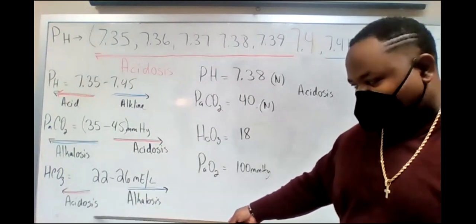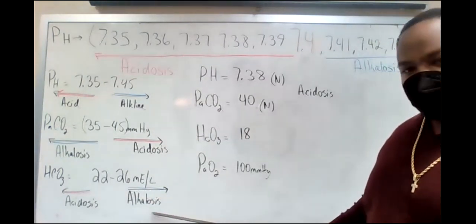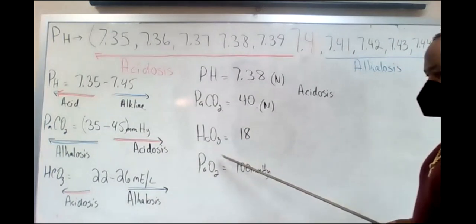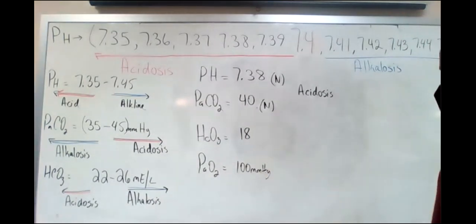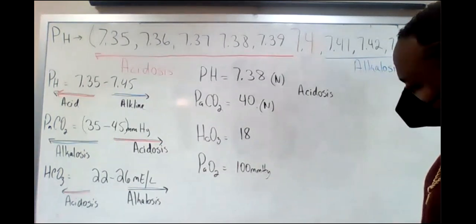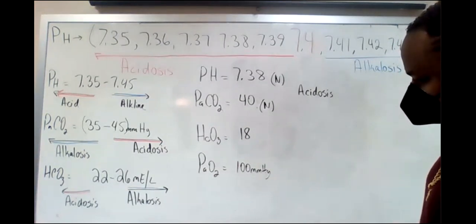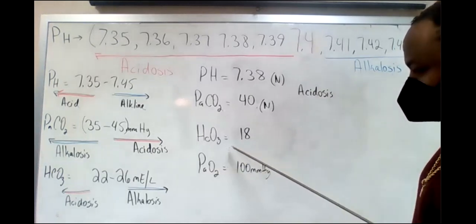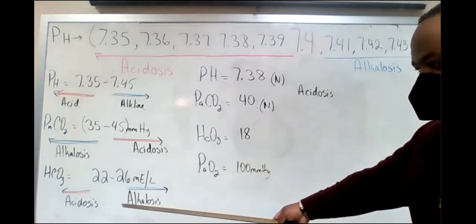Less than 22 is acid. Greater than 26 is alkalosis. So bicarb is 18.